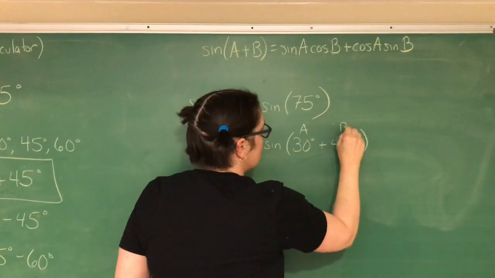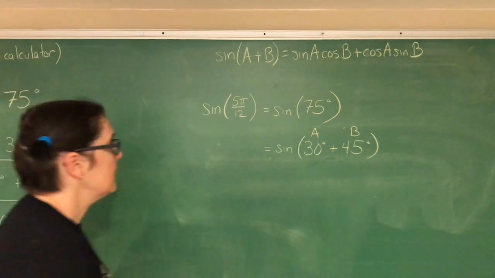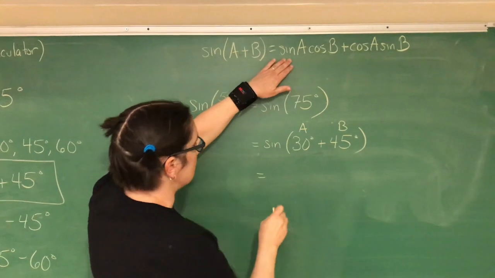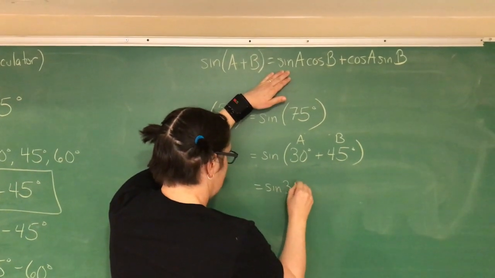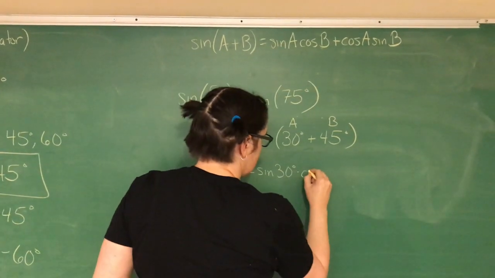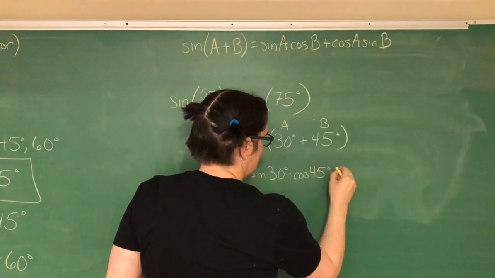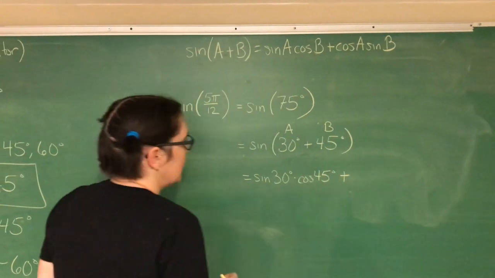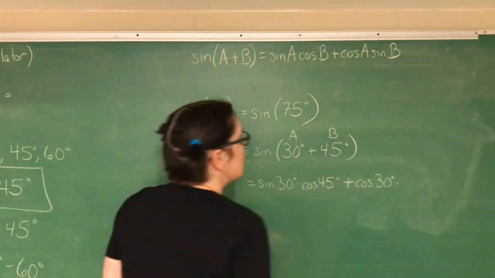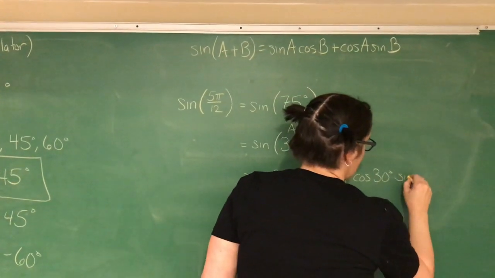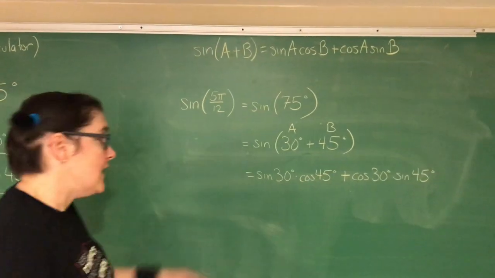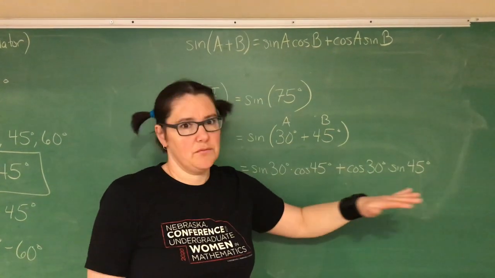The 45 degrees is playing the role of B. So what we have is sine of A plus B is sine of A, so that's sine of 30 degrees, times cosine of B, so that's cosine of 45 degrees, plus cosine of A, so that's cosine of 30 degrees, times sine of B, so that's times sine of 45 degrees.